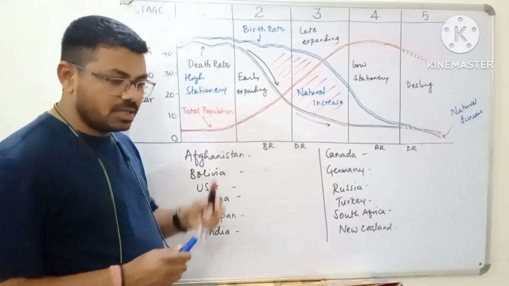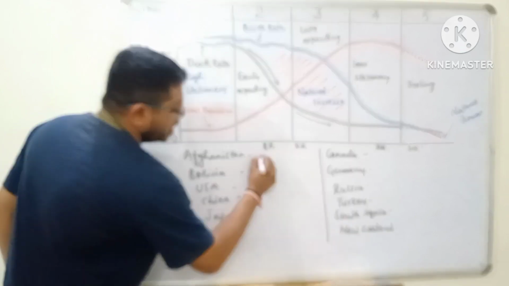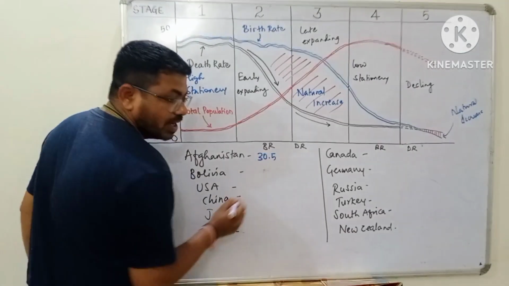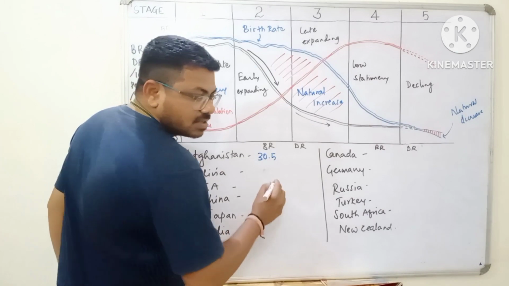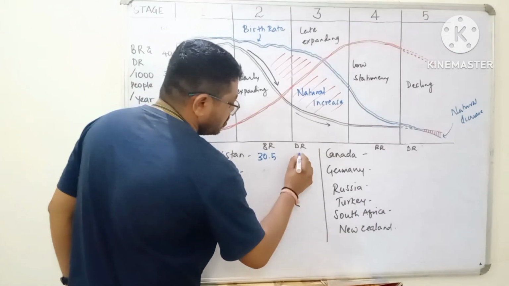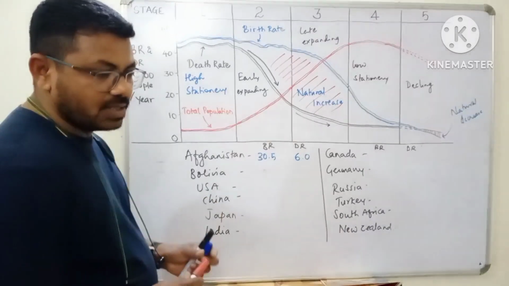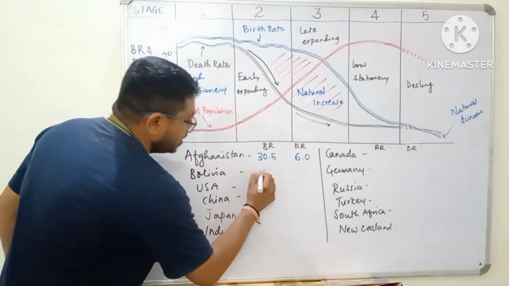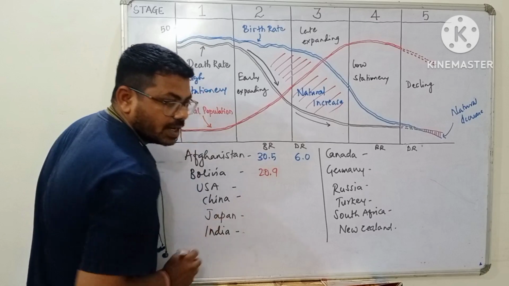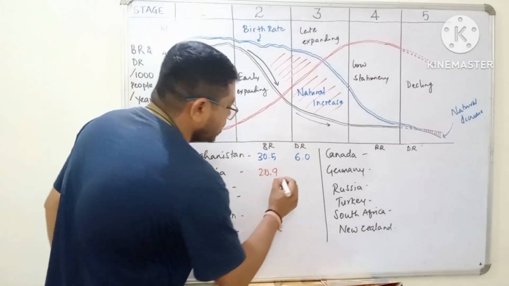So Afghanistan's birth rate is 30.5, whereas the death rate is 6.0. Similarly, Bolivia's birth rate is 20.9 and their death rate is 6.6.